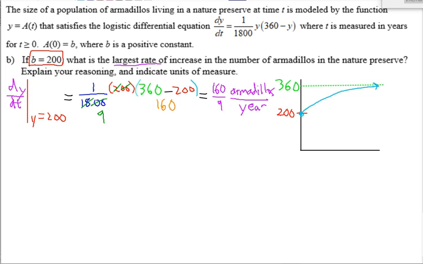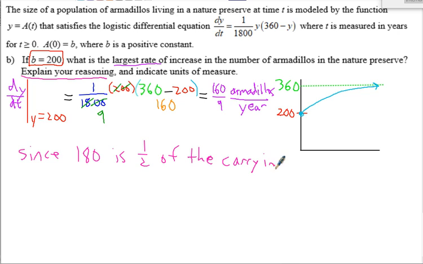And in this case, your justification would be, since you start off the same way, 180 is 1/2 of the carrying capacity, $360, and this time the initial amount A of 0 equals 200.